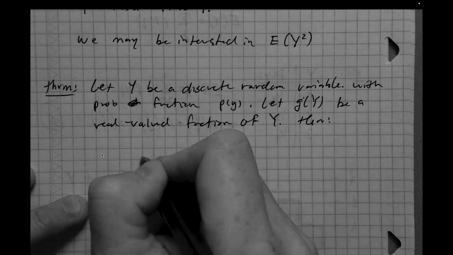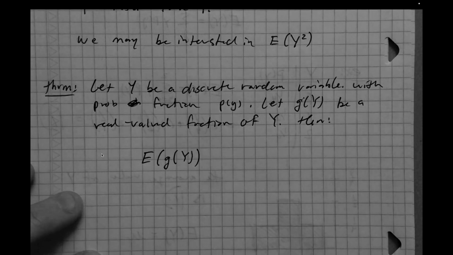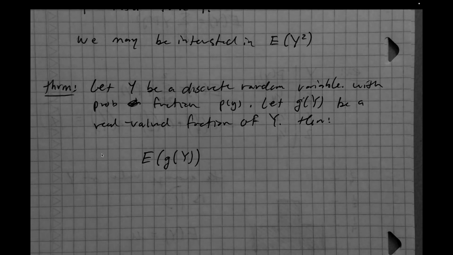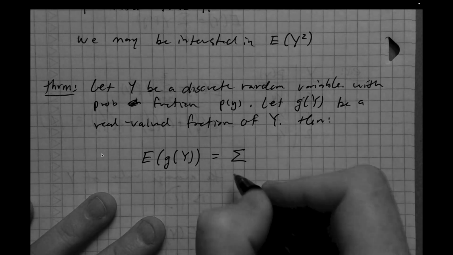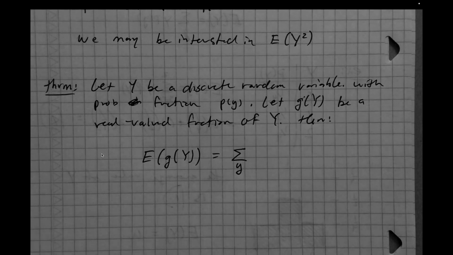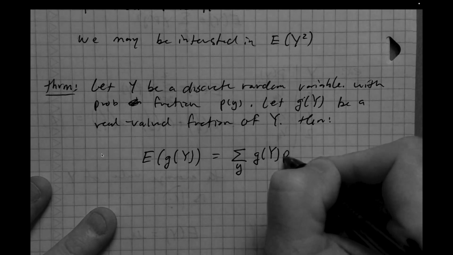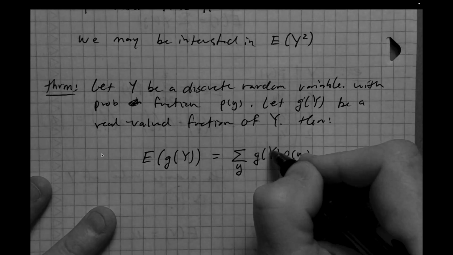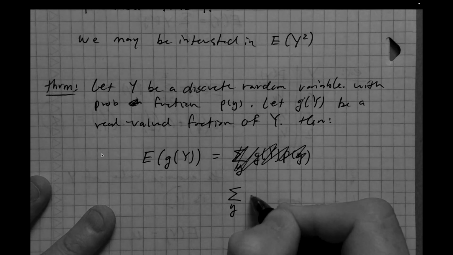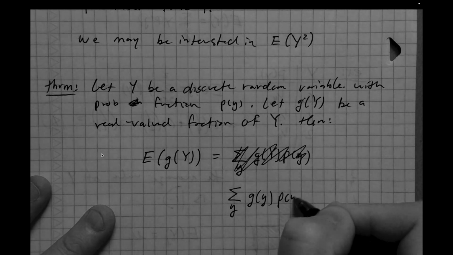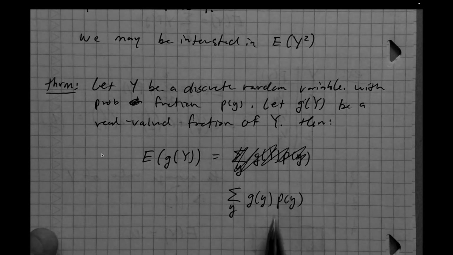Then the expected value of g of y, so now we're not taking the expected value of just y, but the expected value of a function of y, is equal to, very similar to the definition of the expected value of y, the sum over all the values that the random variable y can assume of g of y times p of y. Oh, I should put this as lowercase. Sorry, apologies. Let's rewrite that. I want this to be lowercase. All right, so you plug the value of y into g, get a value out, and multiply it times the probability of y.